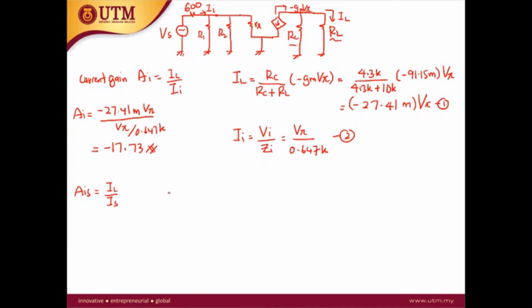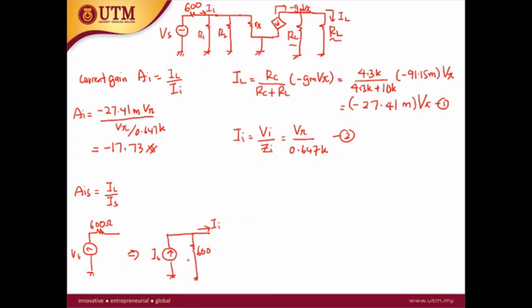The change will be from this Vs with the internal 600 ohm to this IS, with the 600 ohm in parallel with the current source. And then this is the II. You need to convert the voltage source to the current source.